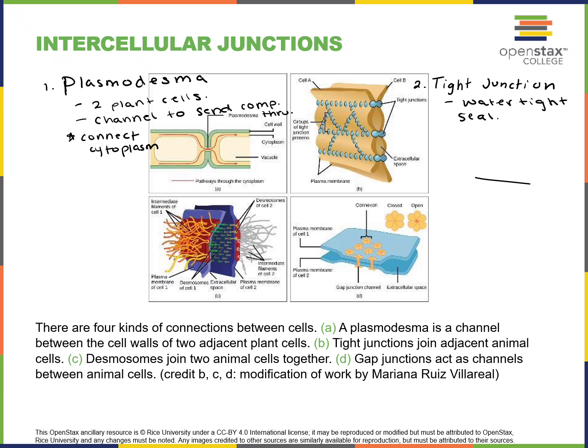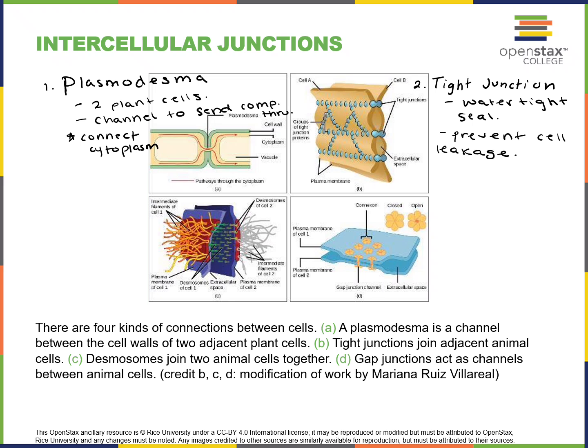The only things that pass through them are things that specifically pass through those channels. You're going to find these kind of in epithelial cells, epithelial spaces, and they prevent leakage. Those tight junctions are in animal cells usually.